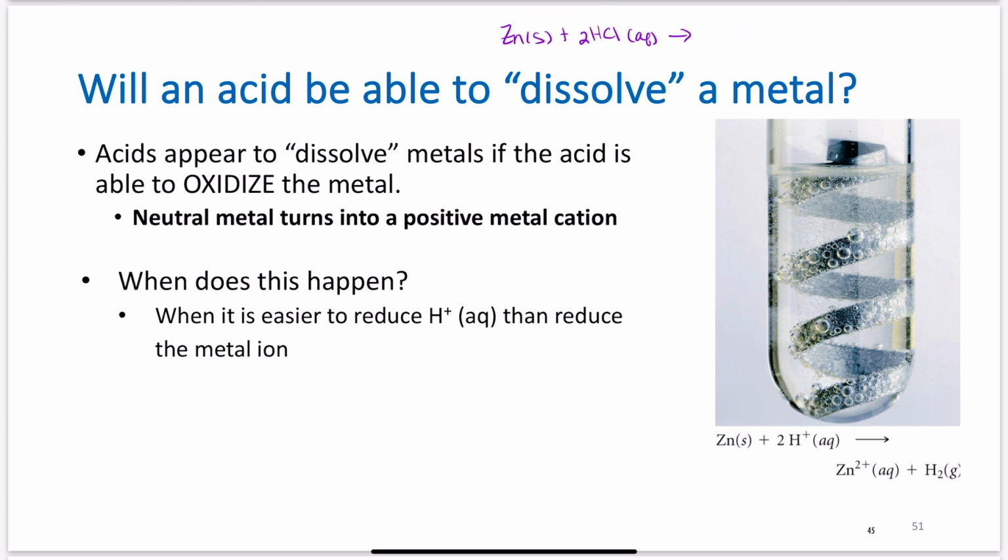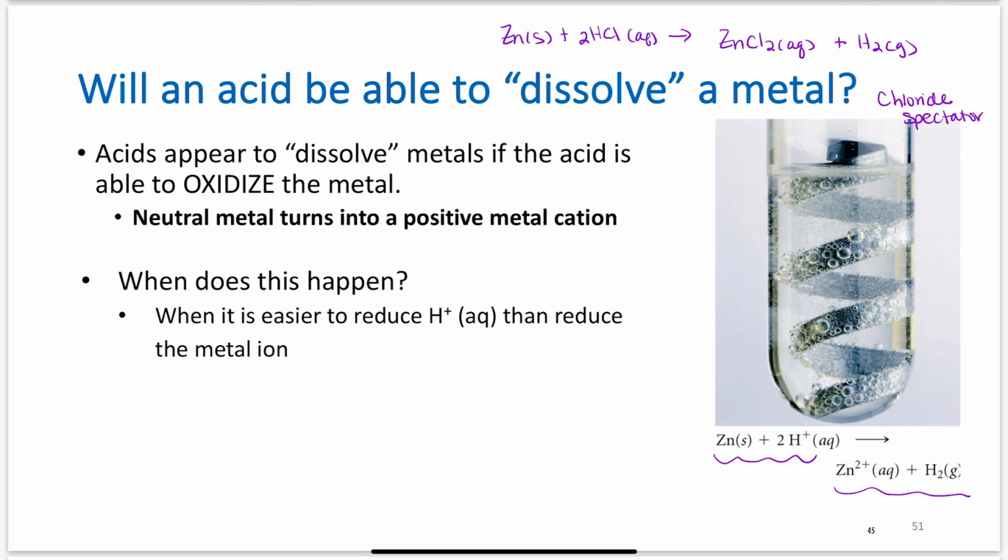This would actually give me zinc chloride, ZnCl2 aqueous, plus H2 gas, if I was writing out the molecular equation. But in this case, the chloride ion is your spectator. And what's actually happening is this reaction here.